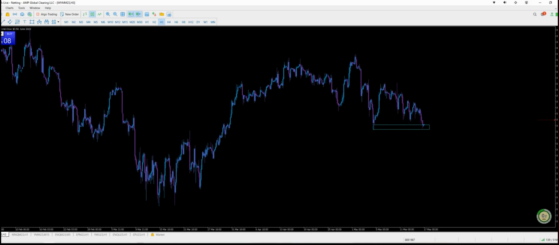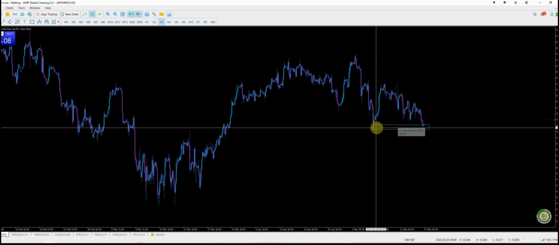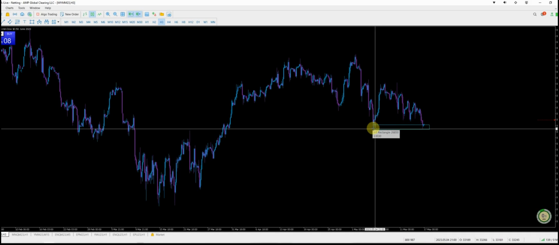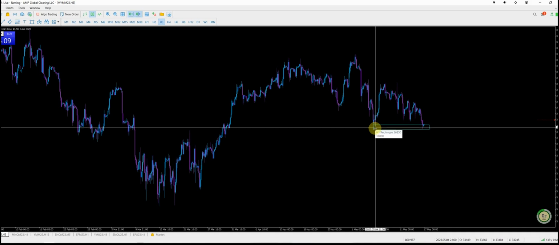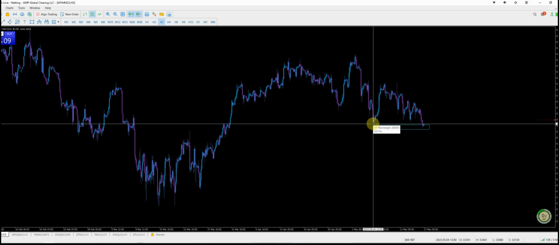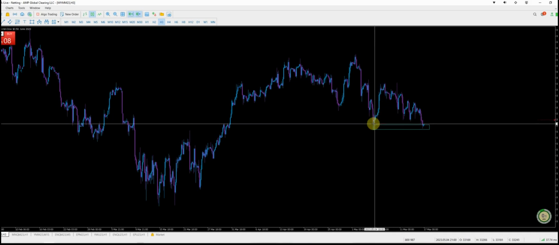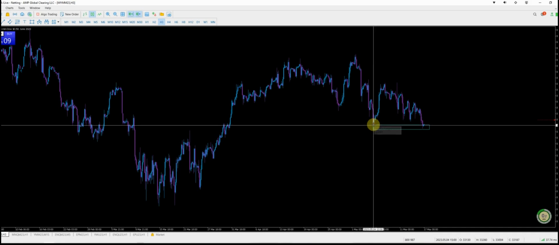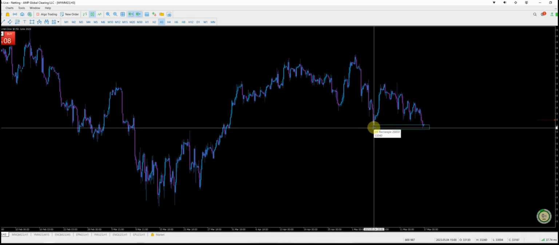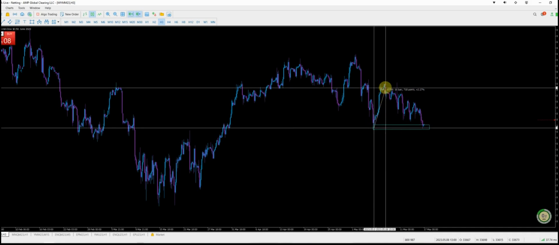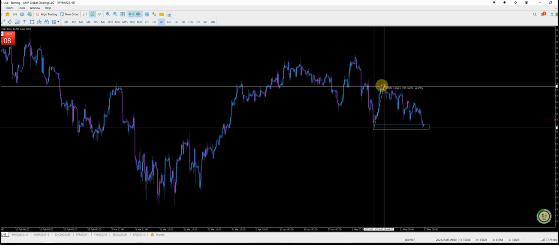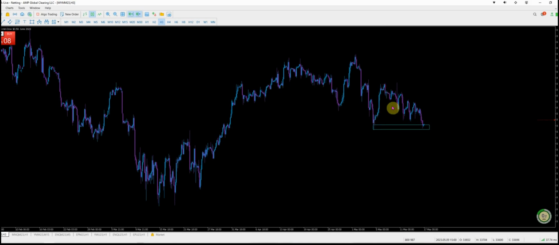It doesn't matter what time frame we look at. Let's see from this first blue candle at this low up to this one right here, how many candles that is. Okay, that is 14 candles. So 14 3-hour candles to go from this blue candle up to this one right here.